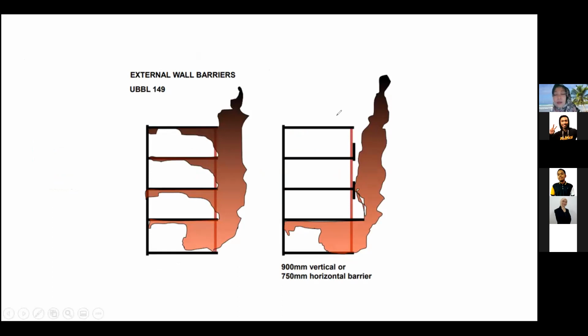Why do we need a compartmentation? Because of the wall barrier, bylaw 149. The barriers are like this. When there is a fire somewhere here, they cannot simply go in, because of the wall.